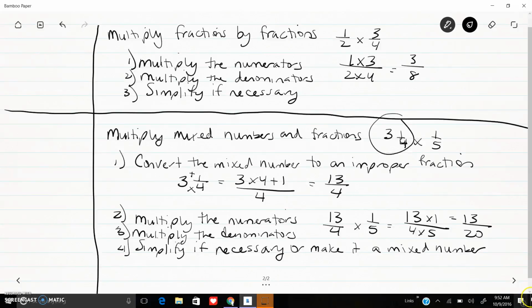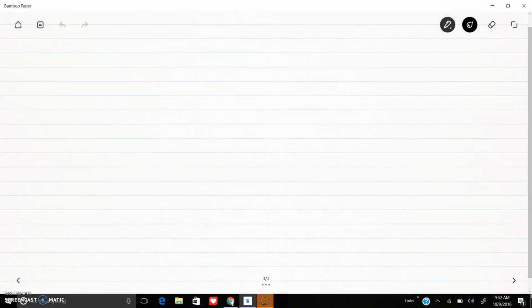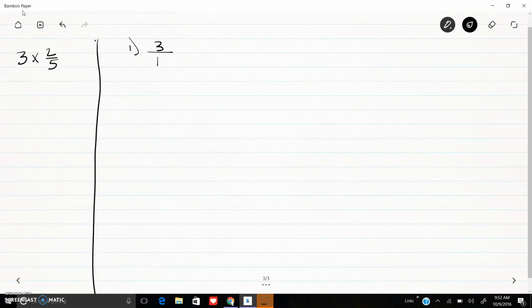All right, that is all for the steps. Let's do some practice problems. All right, first problem would be 3 times 2/5. So step 1, I need to make this whole number into a fraction by putting it over 1. Then I can multiply 3 times 2 over 1 times 5. Multiply the numerators, multiply the denominators. 3 times 2 is 6. 5 times 1 is 5.